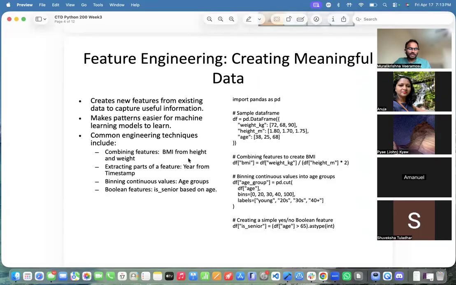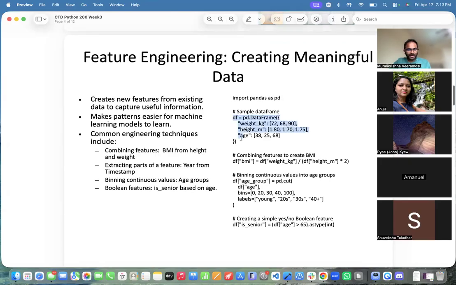Then feature engineering. I think we discussed feature engineering in the previous lesson also. You can create new features from the existing features.